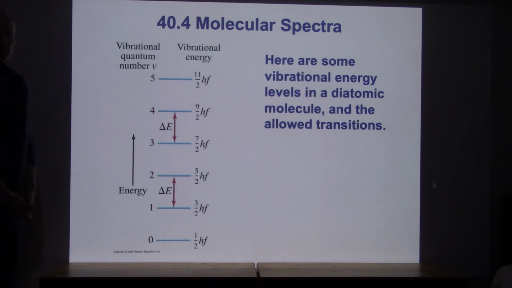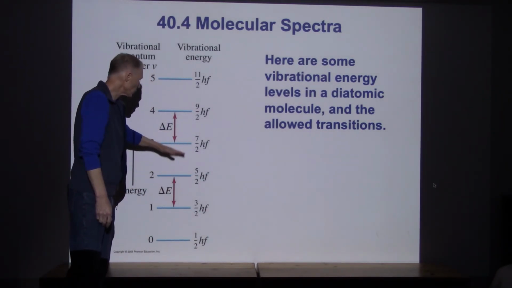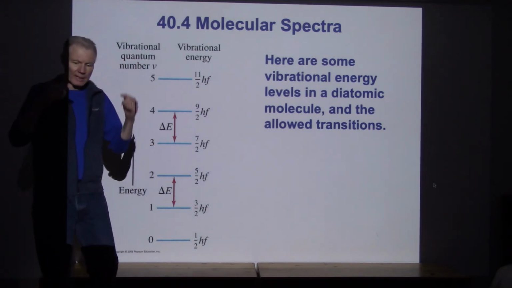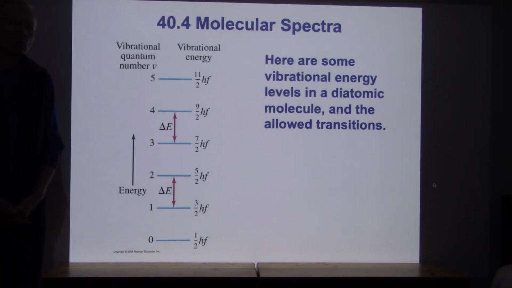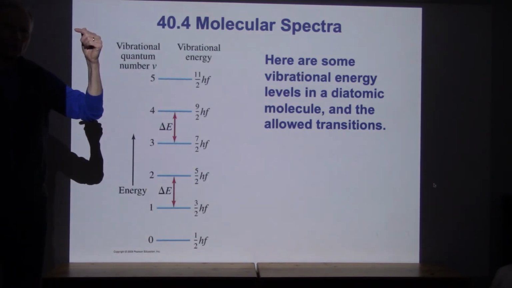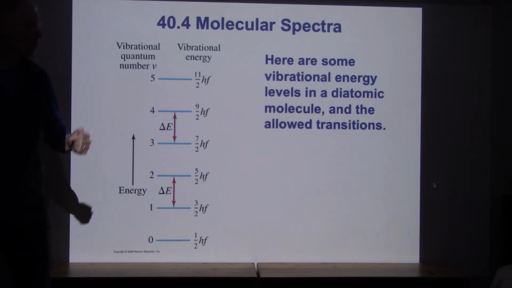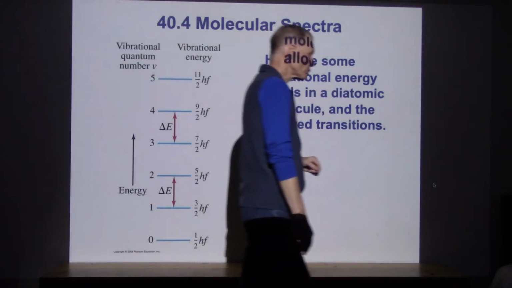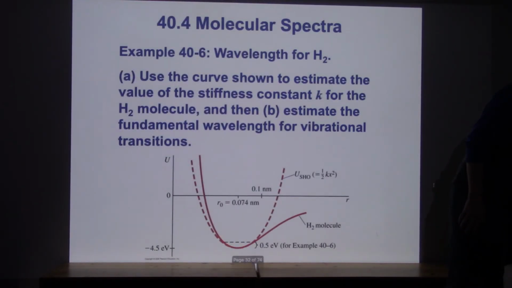And that is the case. Again, the rules for transition for vibration say that molecules take one step at a time. They don't skip steps. And so all the photons that we use to excite the molecule, and all the photons coming out when the molecule is losing its energy, are all essentially the same value.